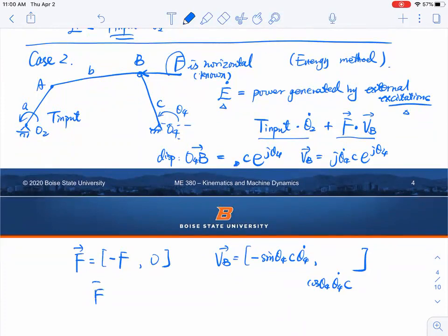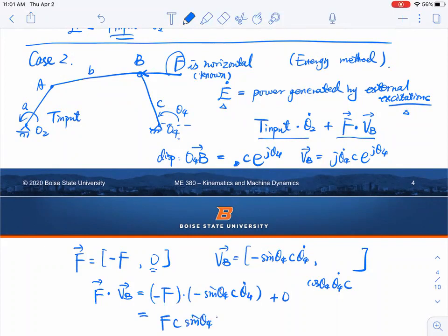So F vector dot product VB vector is the first X entry times minus sine theta 4 c theta 4 dot, plus 0 because you have a 0 here. So that gives you minus F c sine theta 4 theta 4 dot. Make sense?